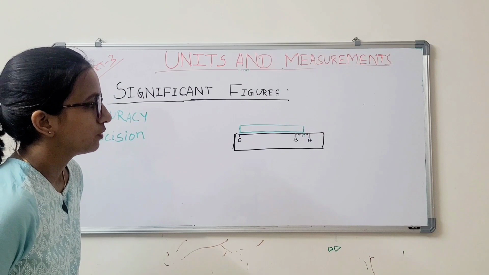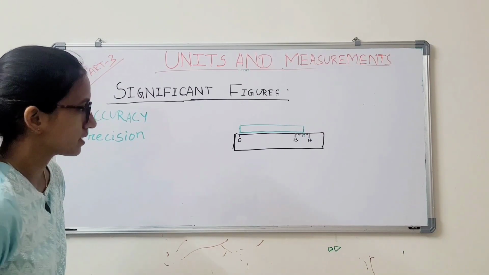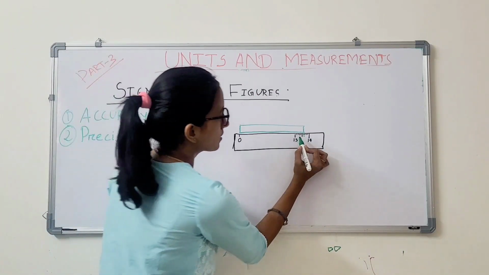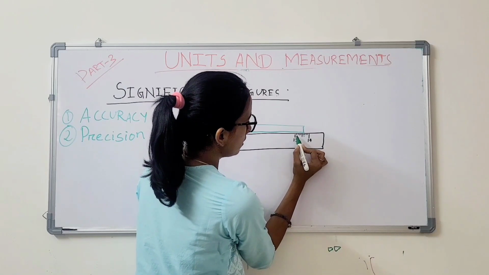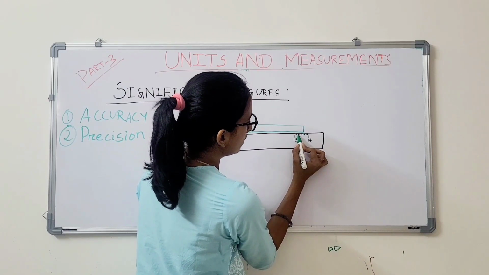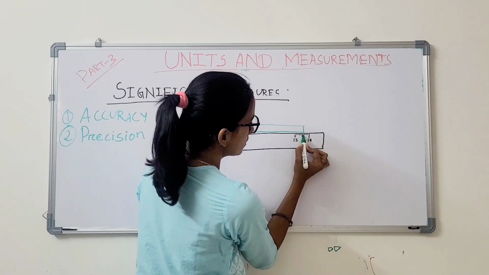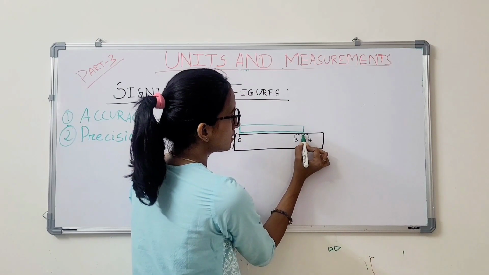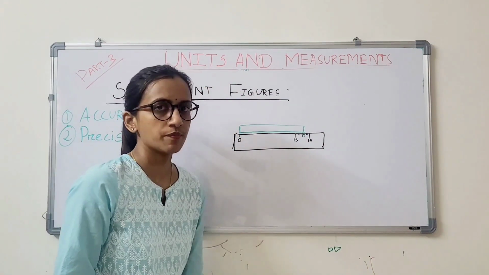Can you see up to which point my marker pen's length is coming? It is at 13 centimeter, and it is in between the 6th division and the 7th division.